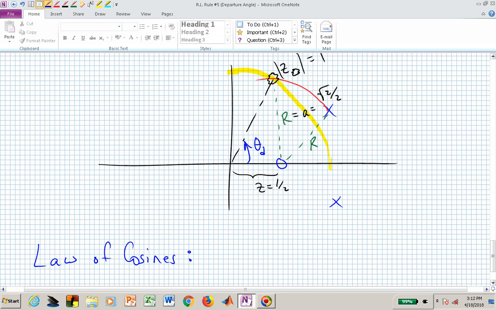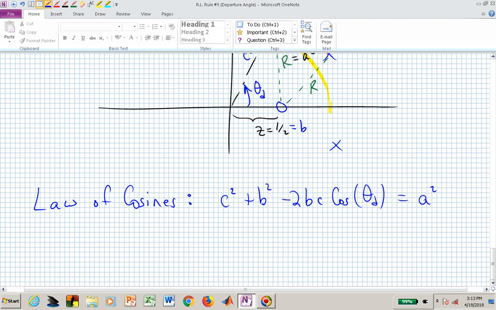If we call this particular value b, and let's say this radial distance of our unit circle is c, and I've already called the r a, then we have c squared plus b squared minus 2bc cosine of the angle associated with side A, which is opposite the angle, so that's cosine of theta sub d, is equal to A squared.